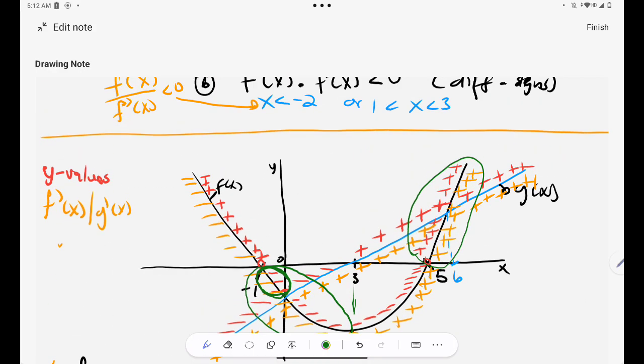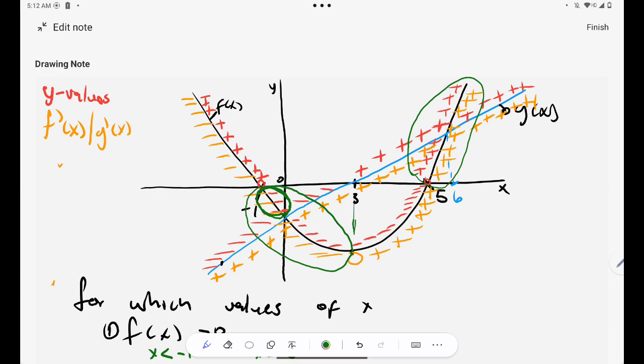These things, guys, they just want you to apply the logic. Just know that whenever they talk about f prime, they are telling you about the gradient of a tangent to a curve. But you don't have to think hard about it. You need to check whenever you move from left to right, is your graph going up or down?